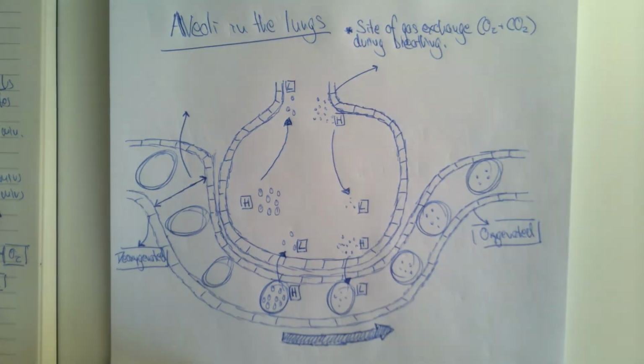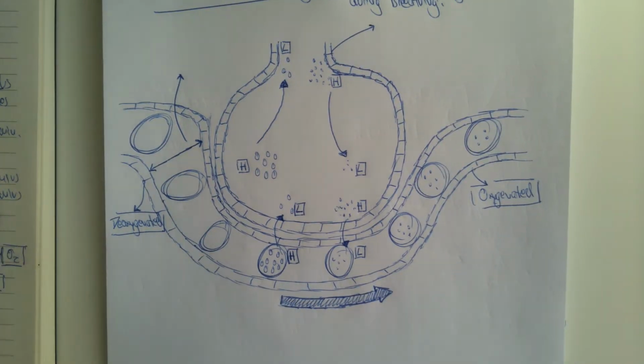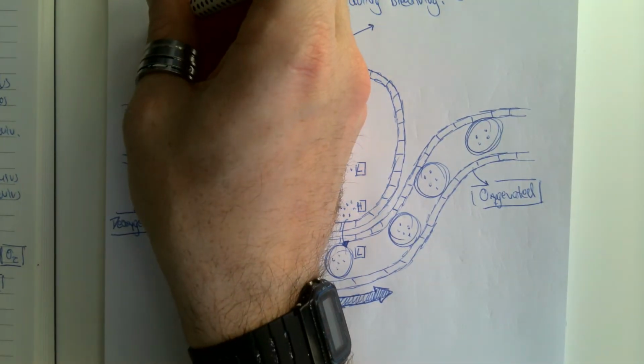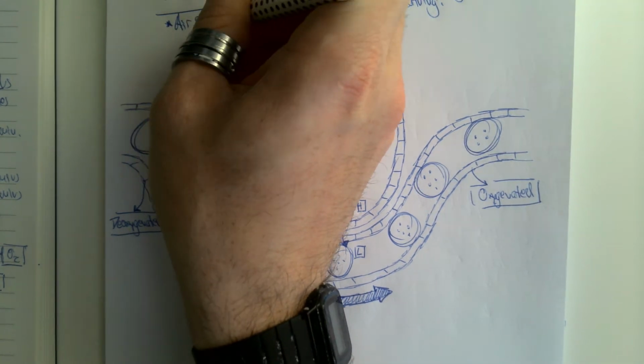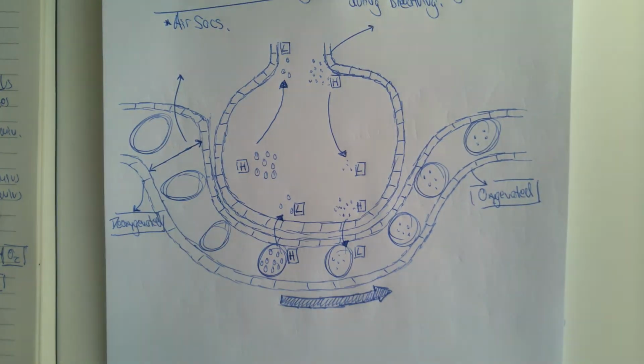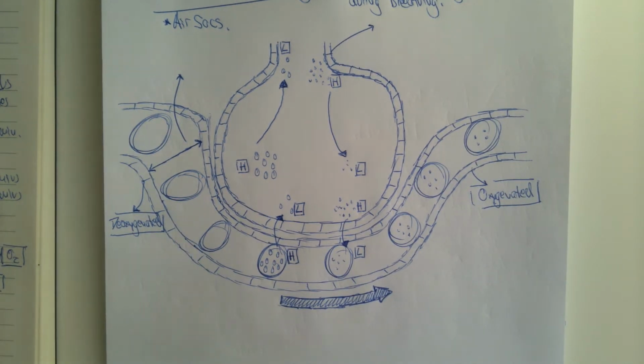Now, there are many alveoli found within the lungs, at the end of each of the bronchioles, and they are small air sacs, for want of a better word, that expand and contract when you and me go through the process of breathing.